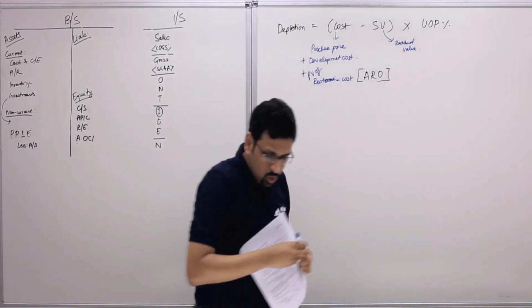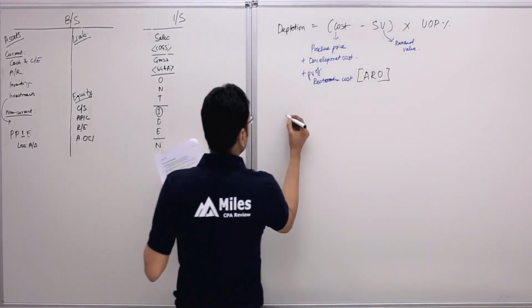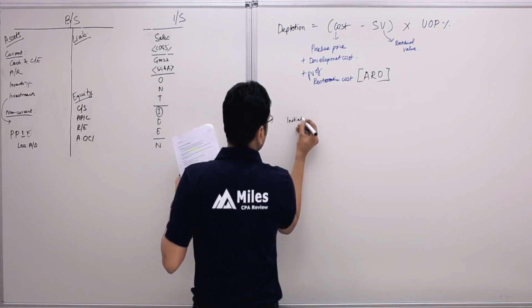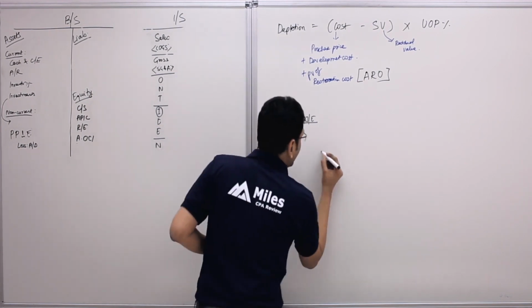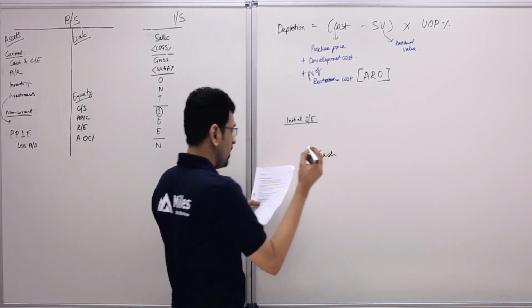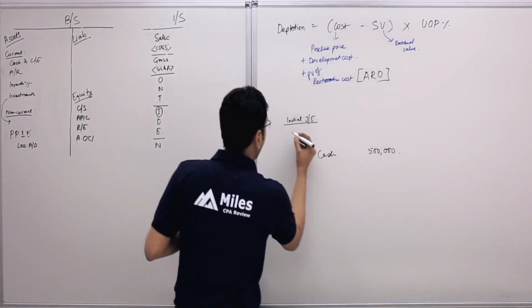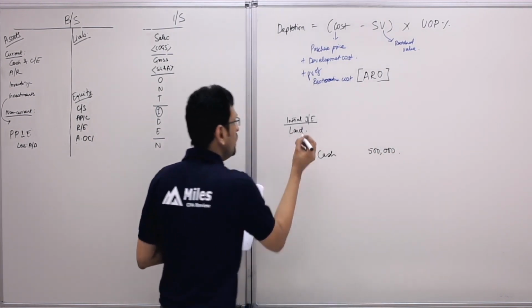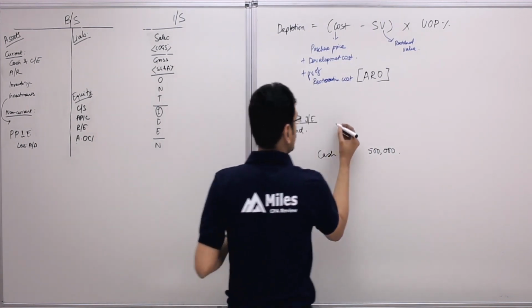So what you would do in this case is, let's say in year one you would have an initial journal entry. So you've paid out cash, cash has gone out $500,000. And you have bought land. Now this land is going to be worth $50,000.